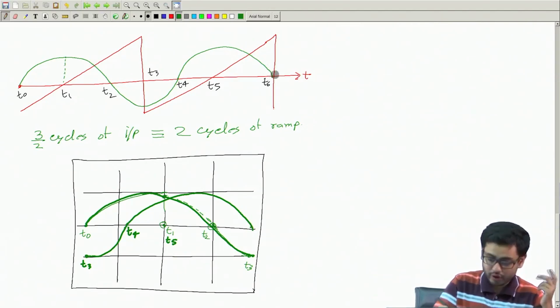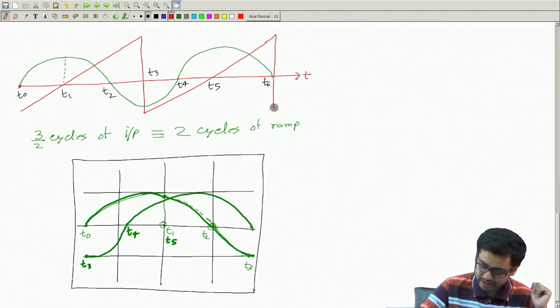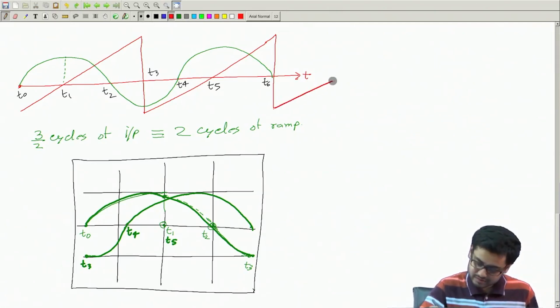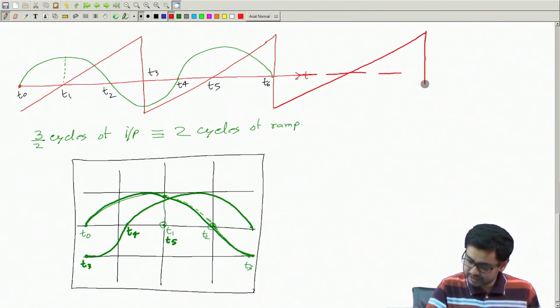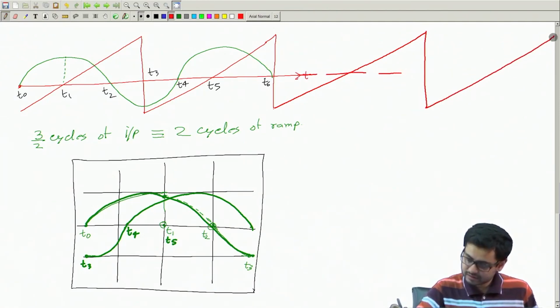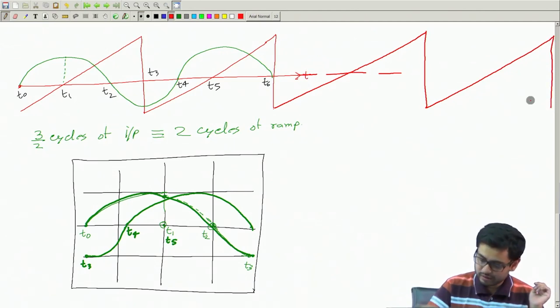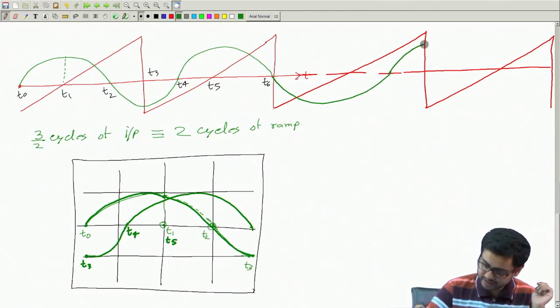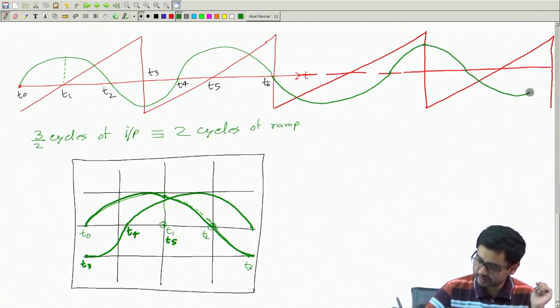Let's extend. So let's see what actually happens after this. Say these are the next two cycles of the ramp signal, and the input signal will complete half cycle, quarter cycle, another quarter cycle, and another half cycle.